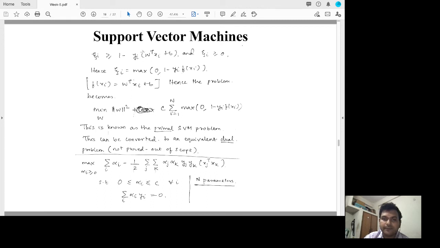This is how we can combine these two constraints, because xi has to be greater than 0 and xi has to be greater than 1 minus yi into w transpose xi plus b. So whatever the maximum of these two, I am taking that to be the value of xi.